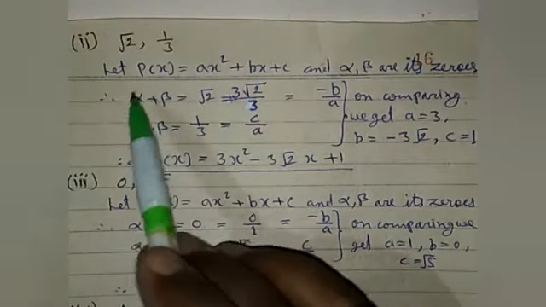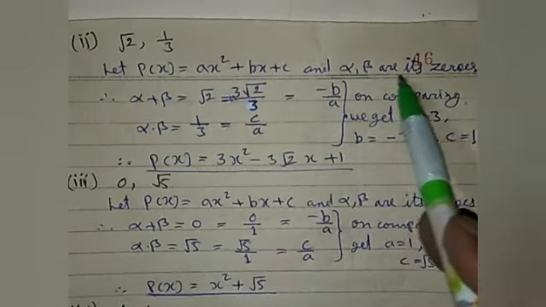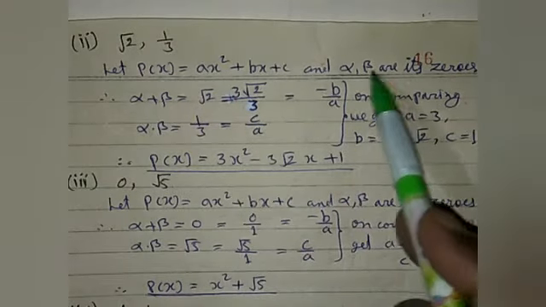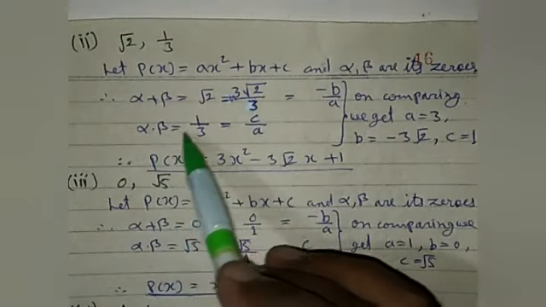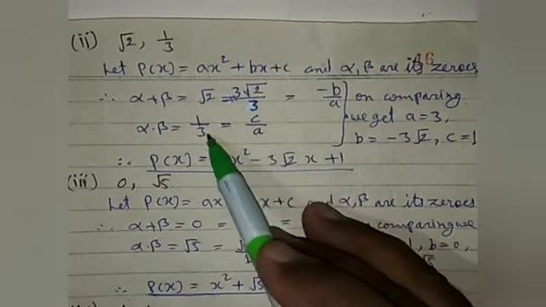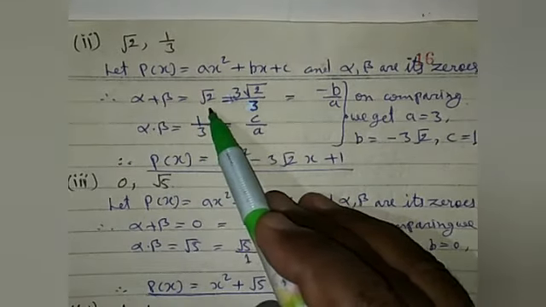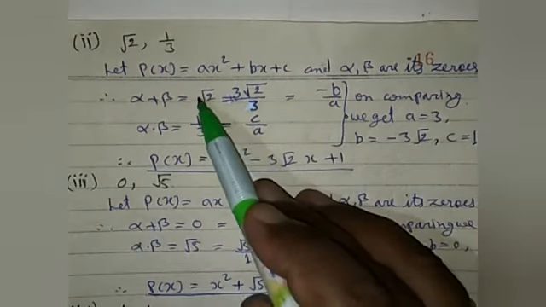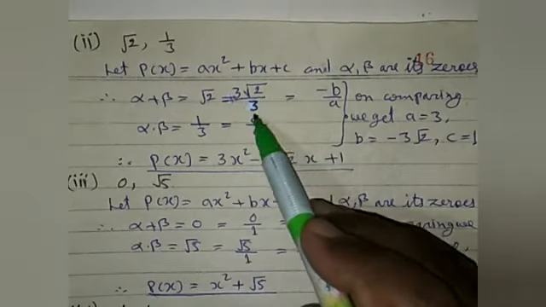In the second part, let p(x) equal ax square plus bx plus c and alpha and beta are its zeros. So here the sum of zeros, alpha plus beta, is equal to root 2 and alpha into beta is equal to 1 upon 3. As you know, the denominator here is 3, so here also you have to make the denominator 3. So multiplying the numerator and denominator by 3, you will get 3 root 2 upon 3.